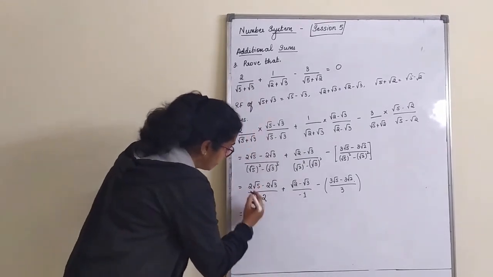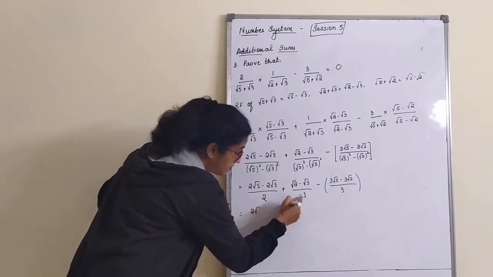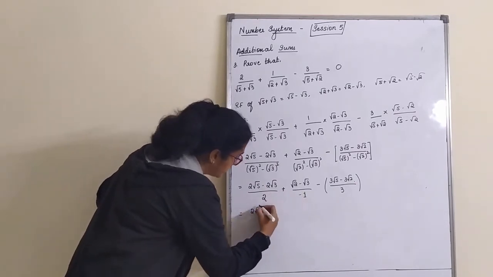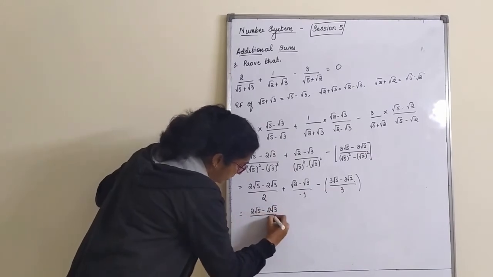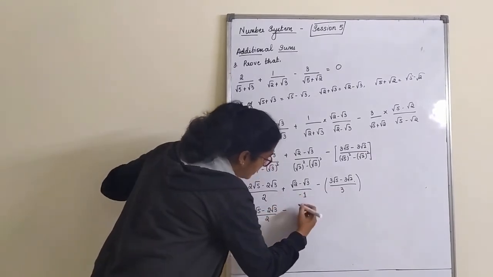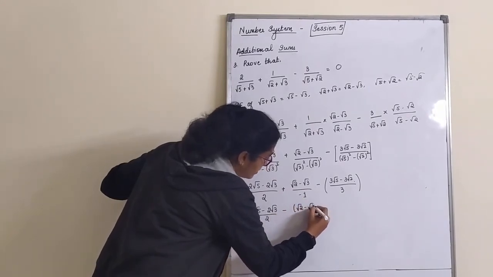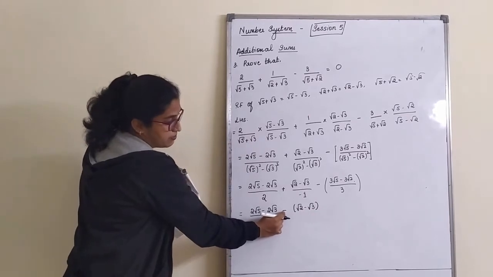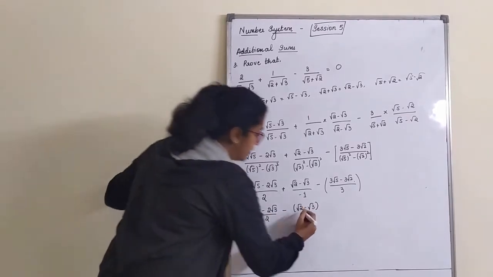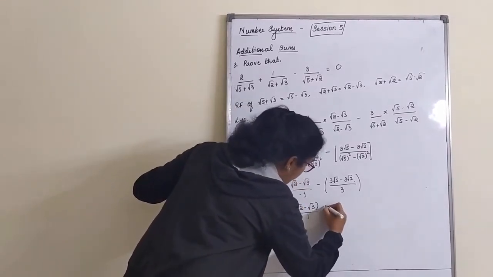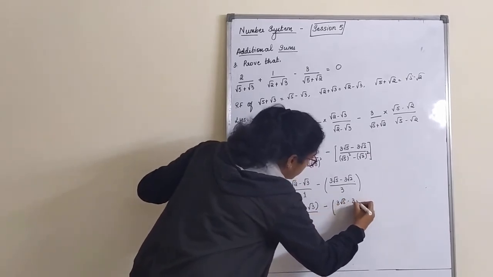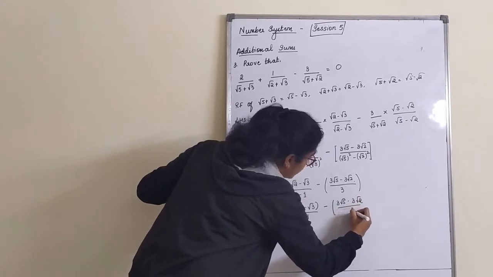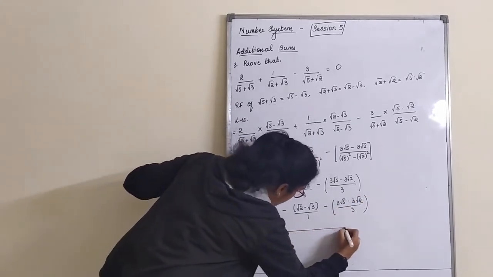Shall I rewrite this, since minus is in denominator, we'll take minus here. 2 root 5 minus 2 root 3 divided by 2, minus, I have taken, so this is going to be root 2 minus root 3 as it is. I have taken this minus here, bracket I have taken, divided by 1, minus 3 root 5 minus 3 root 2 divided by 3. LCM is 6 children.